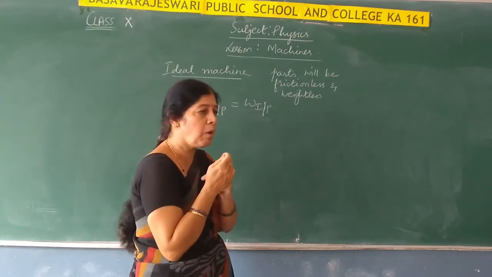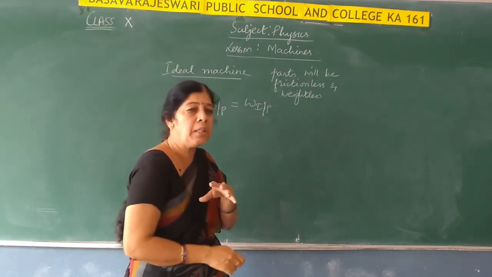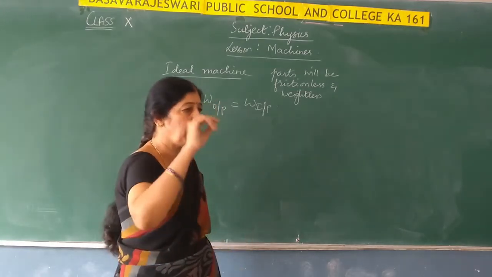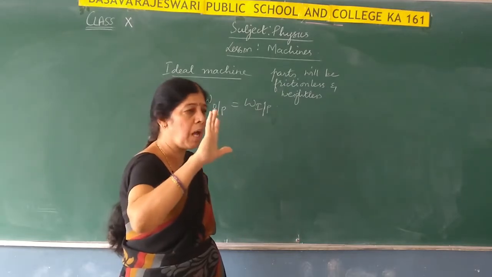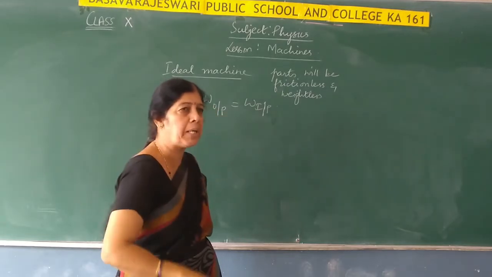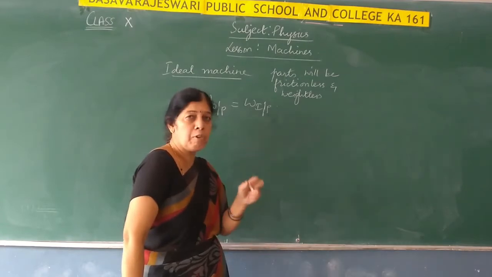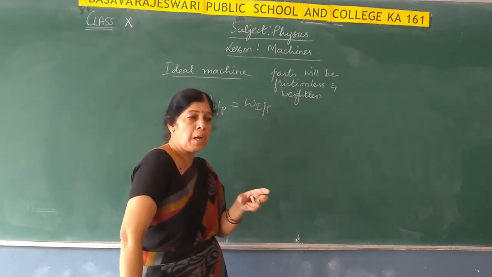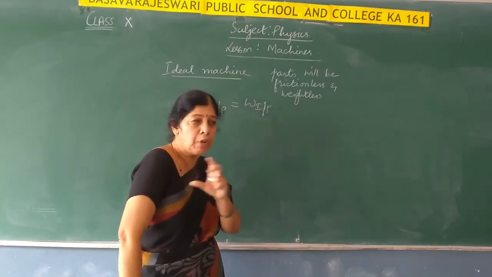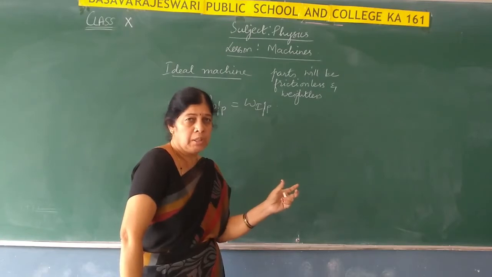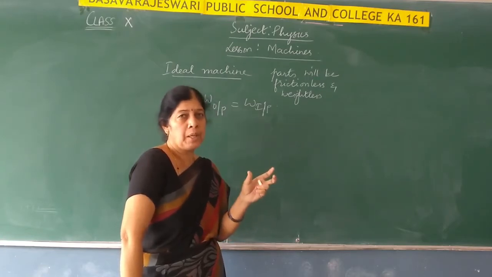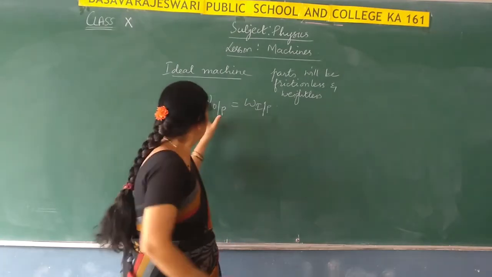One more example: suppose you have a petrol engine, and they tell you that for 1 liter of petrol you will have a mileage of 40 to 50 kilometers. Understood? So every time you pour 1 liter of petrol into your tank and every time you get the full output, 40 to 50 kilometers, then what happens?